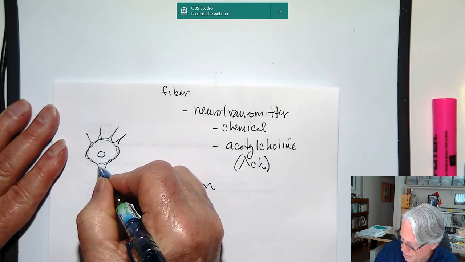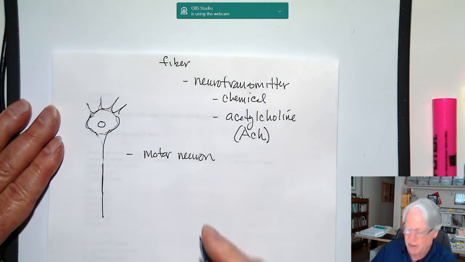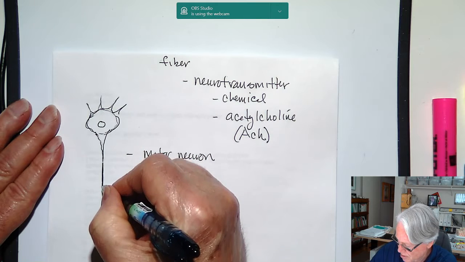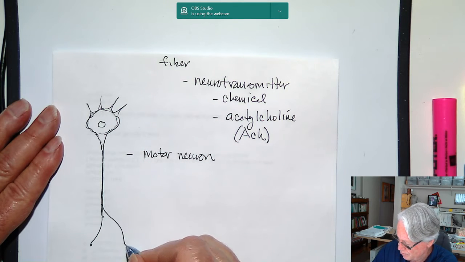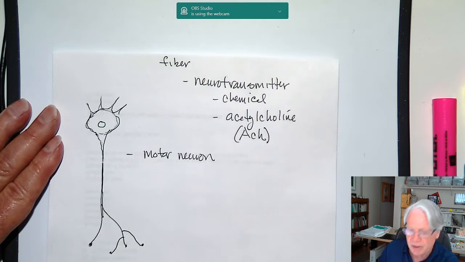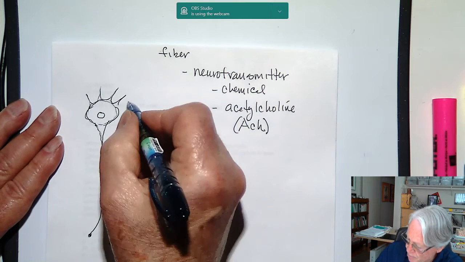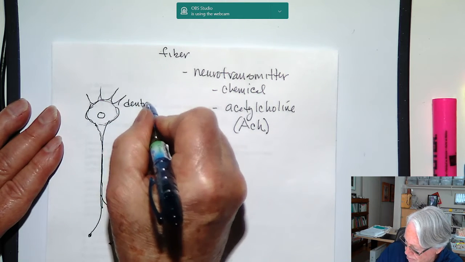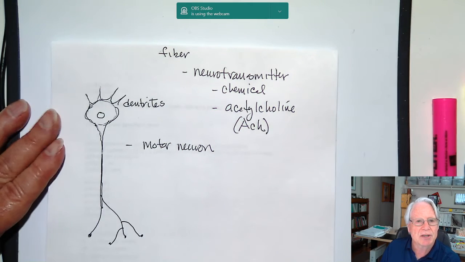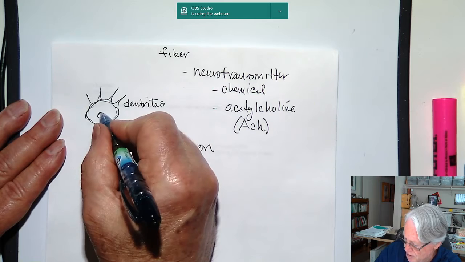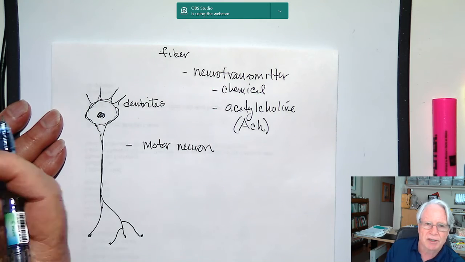So roughly what we're seeing is something like this. And then we'll get this branching like this. So we get dendrites, which you'll learn about in the next section of this class, 40B. We're just going to name them here.